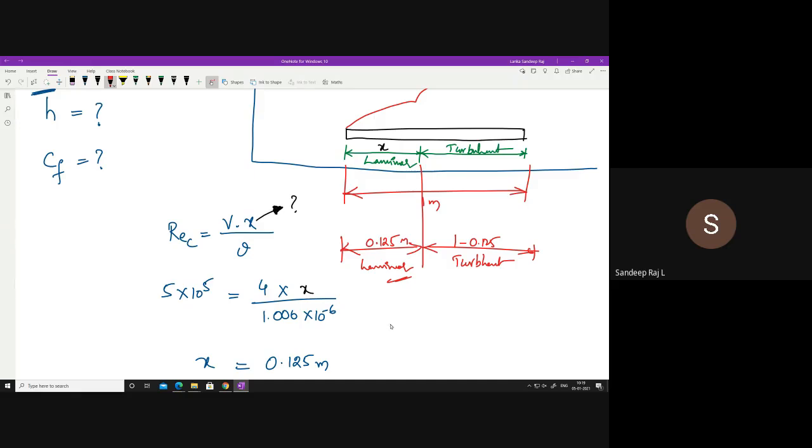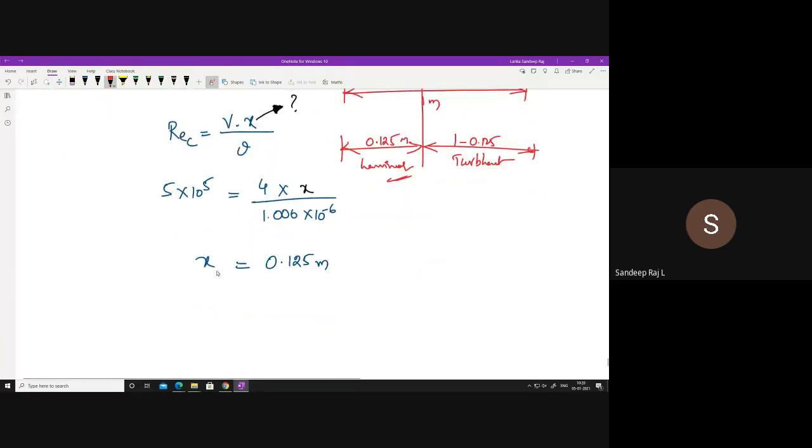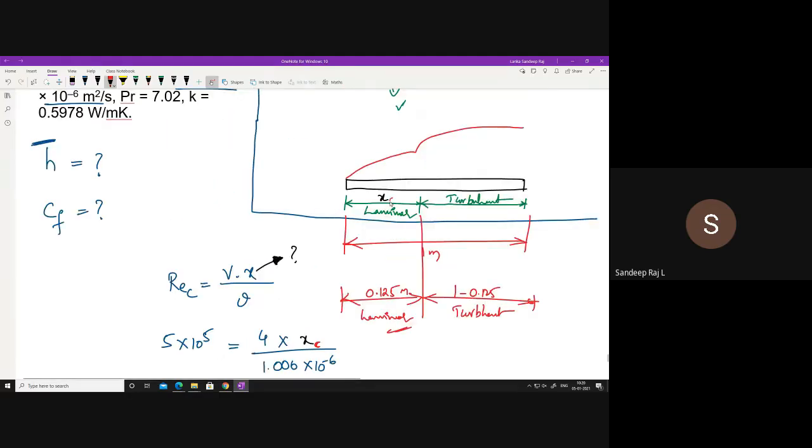Is that clear to you? Yes, sir. So that's how you will get the x value for x_c. Strictly speaking, this is x_c.